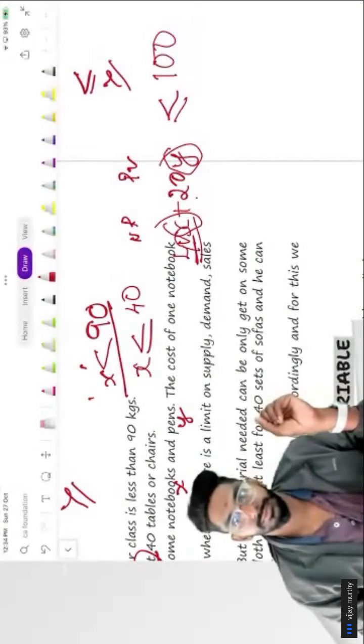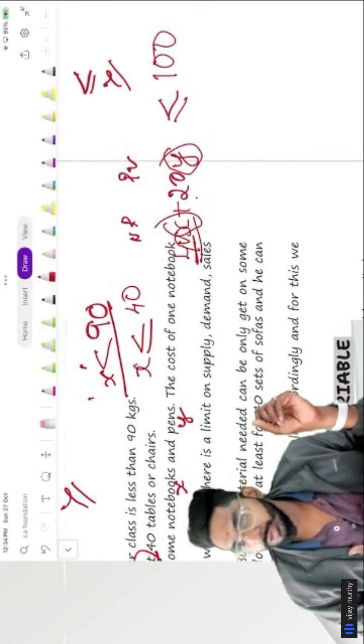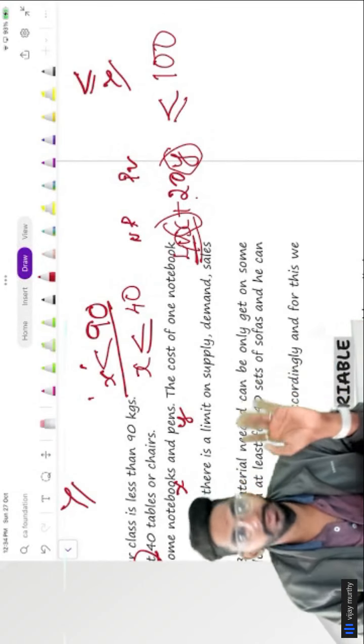Suppose a question is based on nutrition: vitamin A, vitamin B, vitamin C. Then which symbol will you use? Will you all like to have more vitamin or less vitamin? More vitamin. So which symbol will you use? Less than or equal to, or more than or equal to?